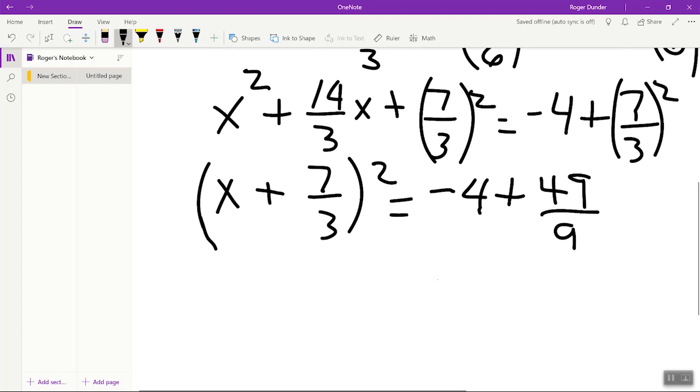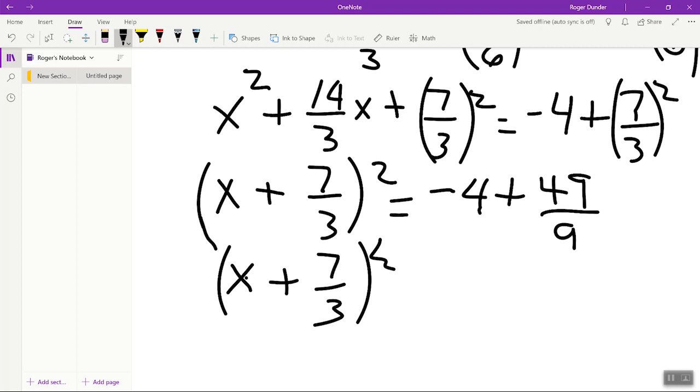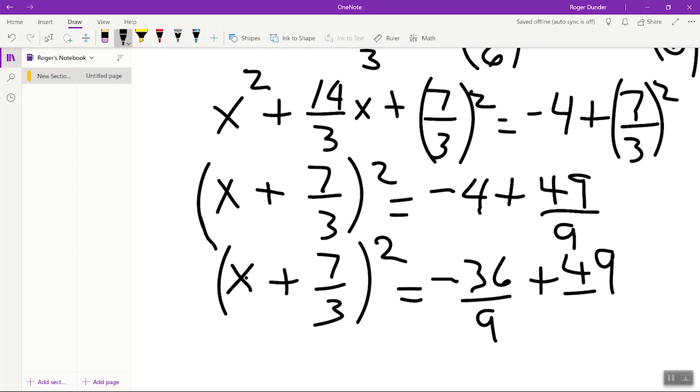We need a common denominator on the right, so (x + 7/3) squared is equal to -9 times 4, 36 over 9, plus 49 over 9.